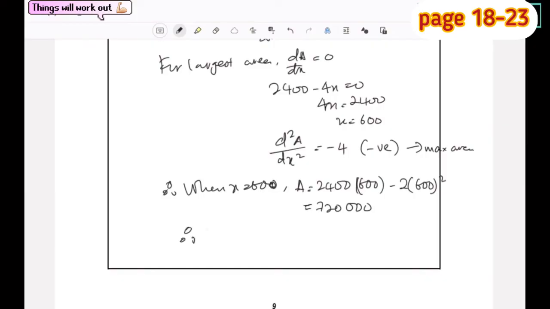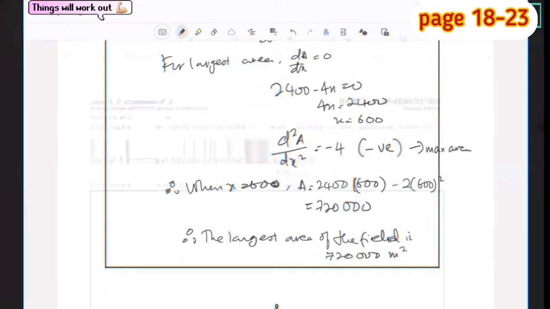Hence, the largest area of the field is 720,000 meters squared.